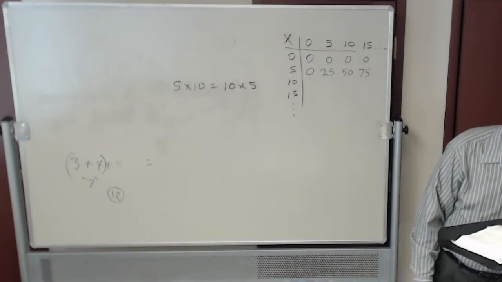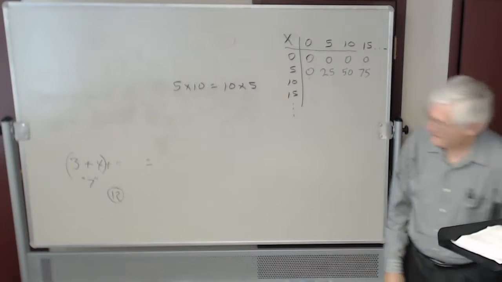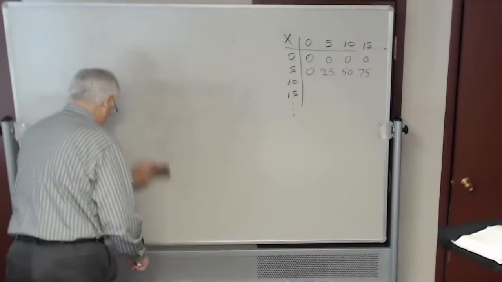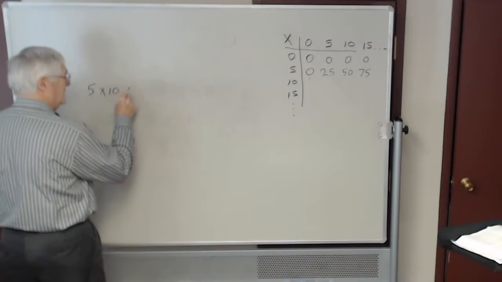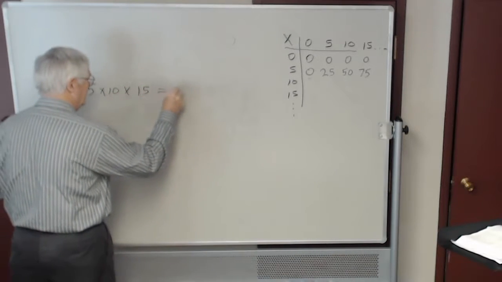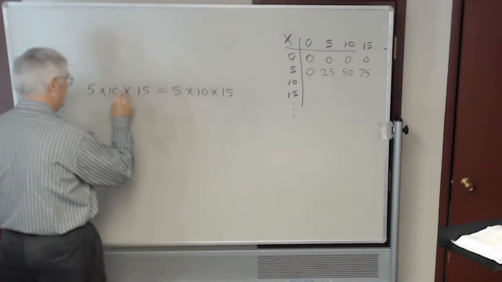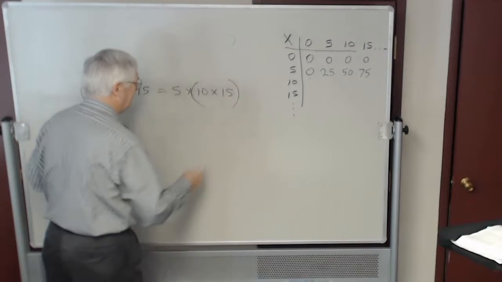Is the operation of ordinary multiplication associative? What does that mean? Is 5 times 10 times 15 equal to 5 times 10 times 15?